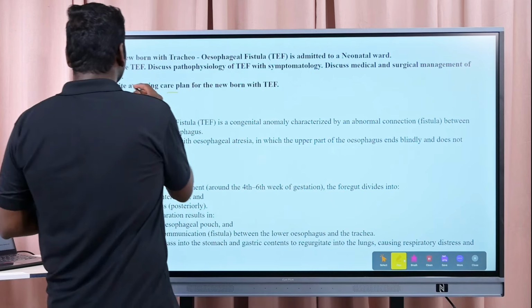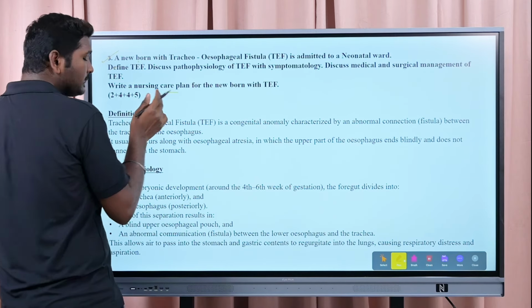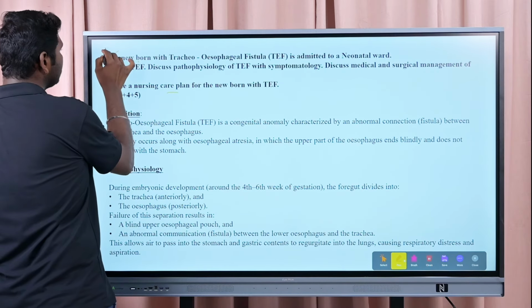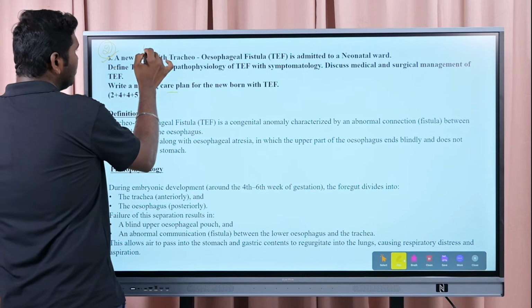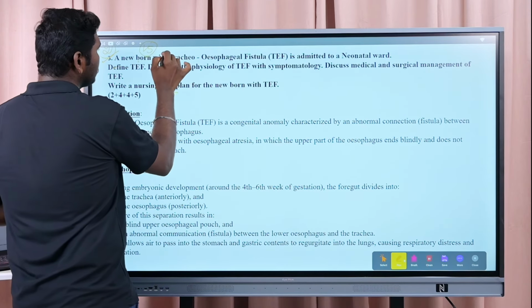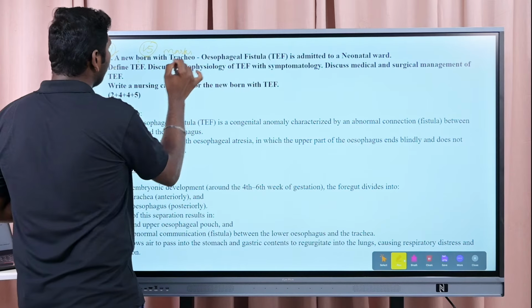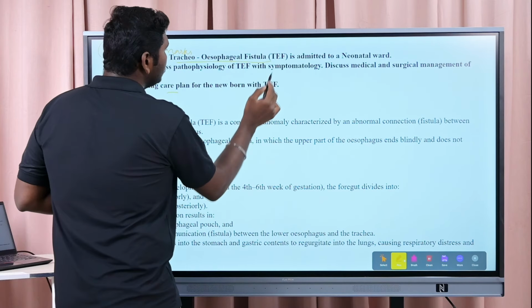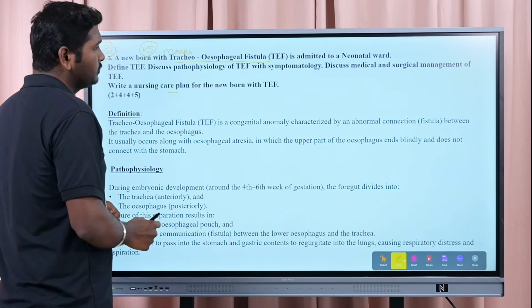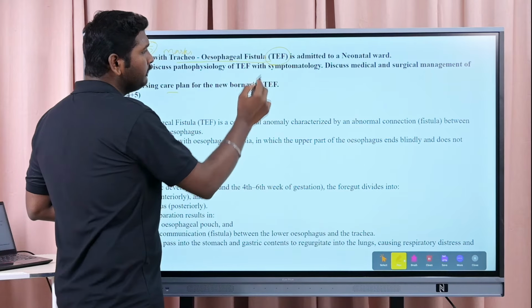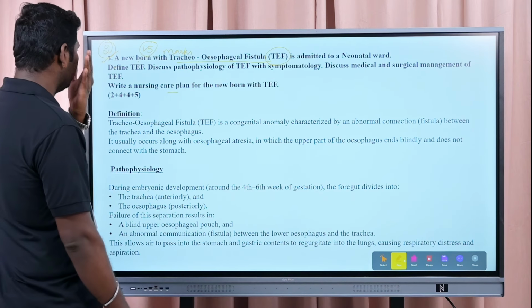Next is the third question, in the sense the long essay. In the long essay, the second question again carries how much? 15 marks. A newborn with tracheoesophageal fistula, which is also called TEF, is admitted to a neonatal ward.